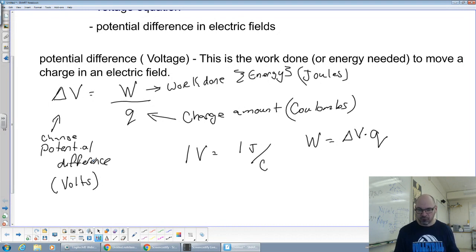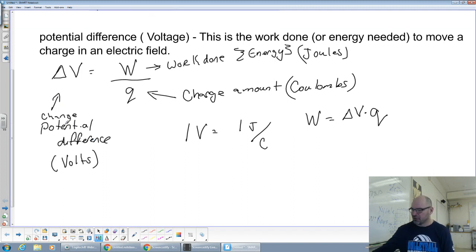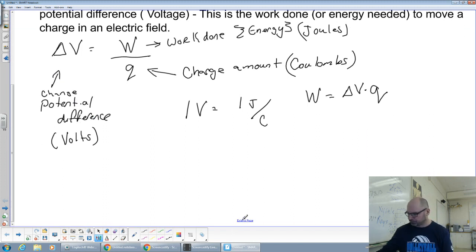So when you have two charges of opposite charge, you have a force of attraction there. And basically, potential difference is the amount of work that you have to do to move that charge within a field. So you have to think of it that way. So let's look at the two simplest situations you can have.